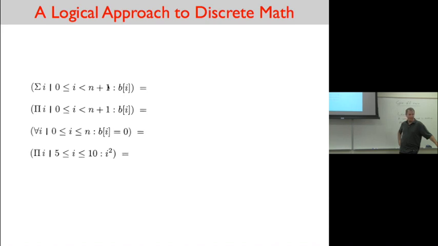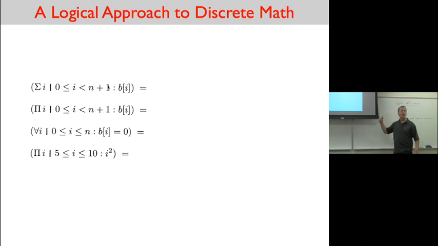Body what? B sub I, right. And then what's the operation? Sum, so it'd be plus what? Plus b sub I. Simplify it?